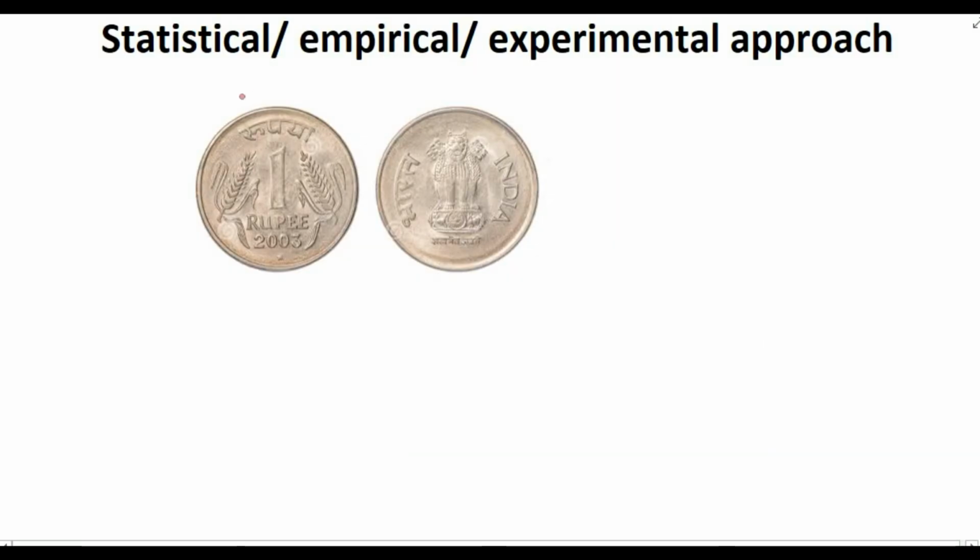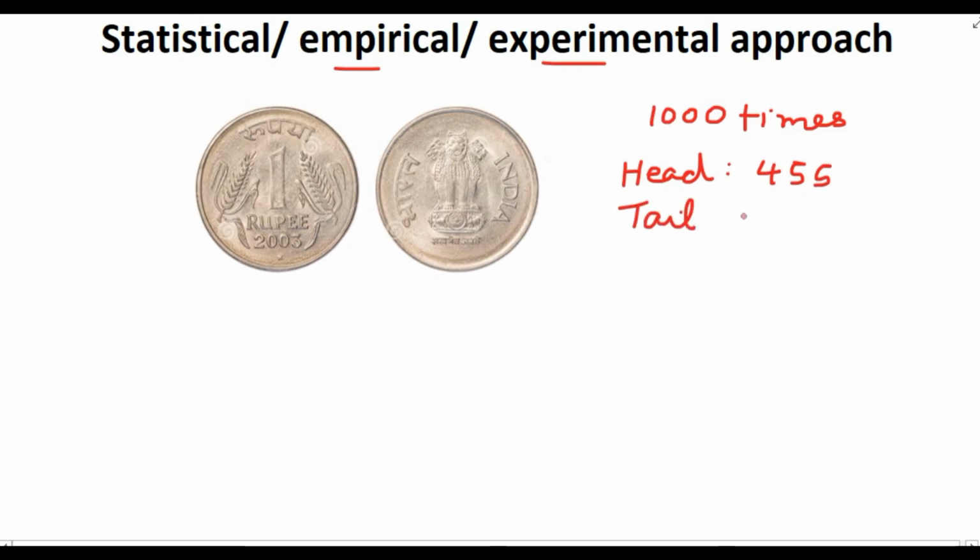Before going to the classical or theoretical approach, we will learn more about the statistical or empirical or experimental approach. Suppose I have tossed a coin 1000 times. In this I got head 455 times and I got tail 545 times.